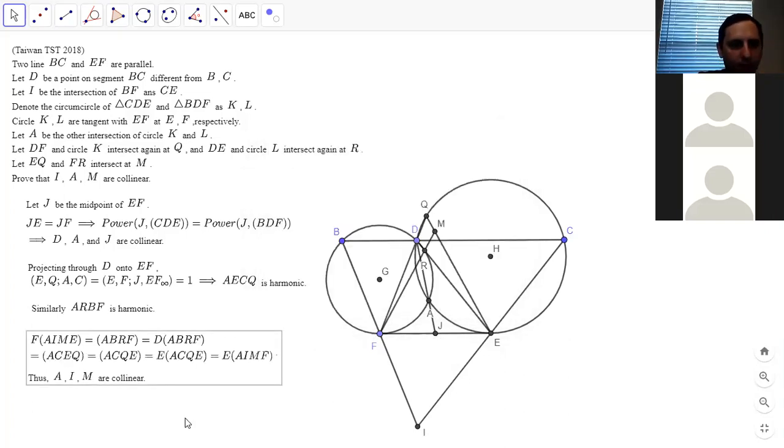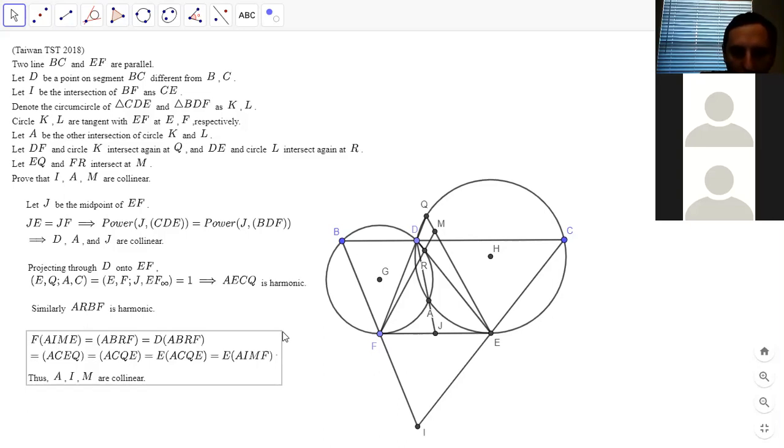There we go. So FAIME, I'm assuming you all know that's the cross ratio. You draw the 4 lines from F to A, I, M, and E, and it's basically the cross ratio of those 4 lines. So this should solve it.